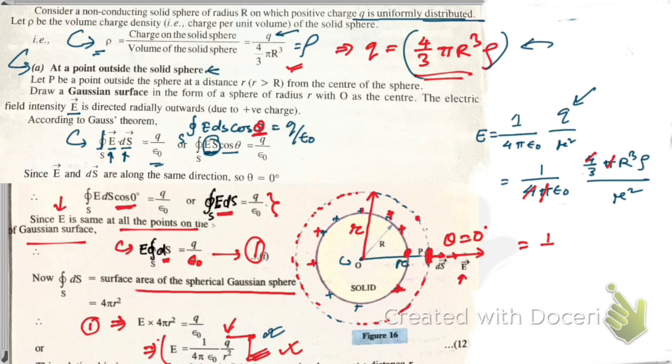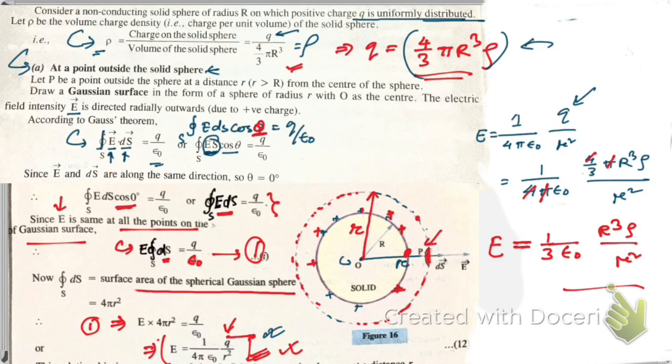So we get 1 by 3 epsilon naught, R cube rho by r square. This is the electric field at the point P outside the sphere. Hope you have understood this.